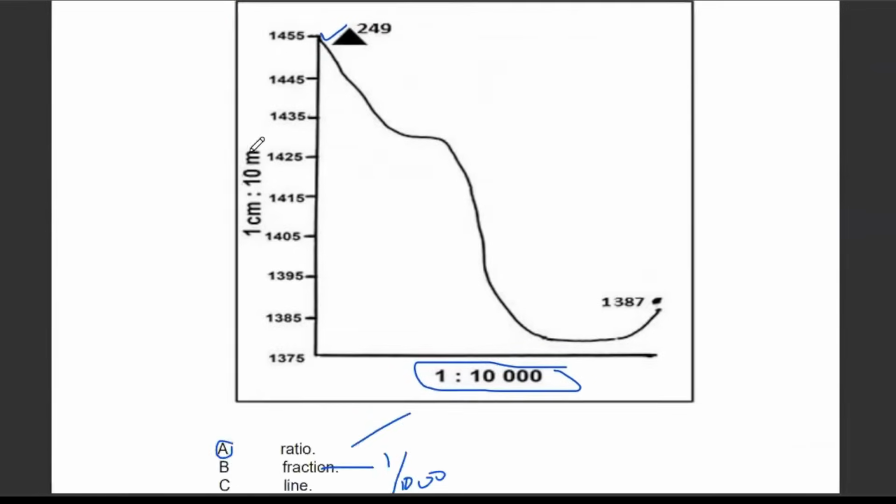We need to change this scale to make it in the same units. So if our vertical scale is saying 1 centimeter is representing 10 meters, we need to convert this, changing the meters to centimeters such that we have the same unit of measurement.